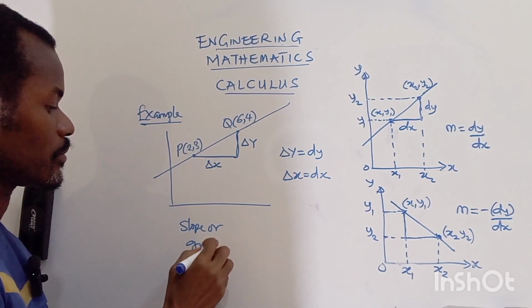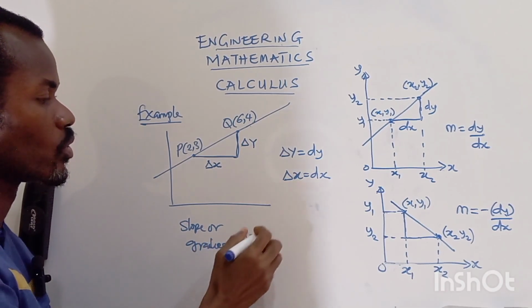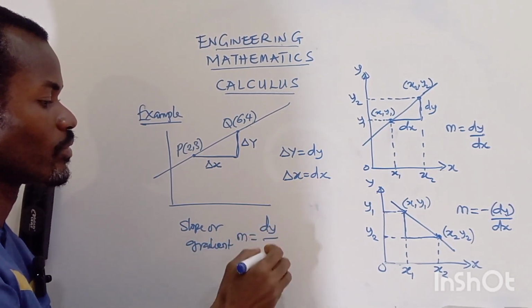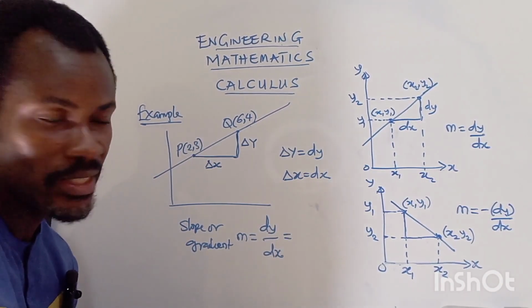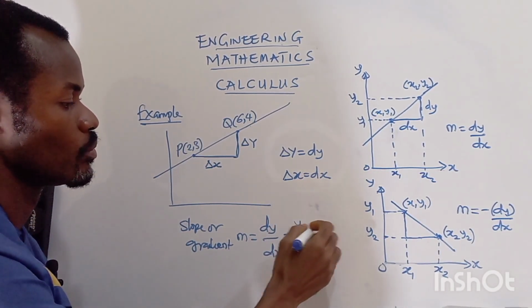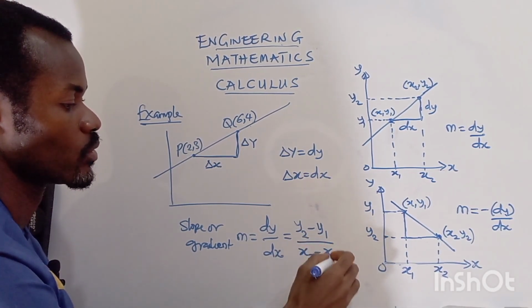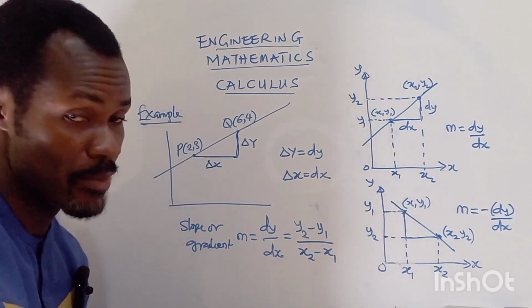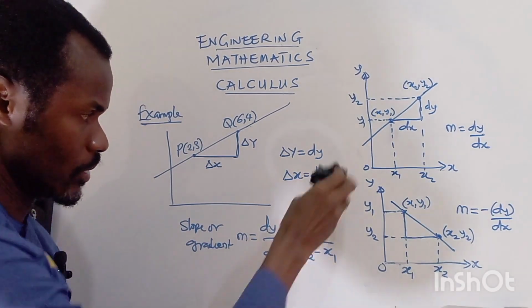So the slope or gradient m is equal to dy over dx. Now what is our dy over dx? It simply means we have y2 minus y1 divided by x2 minus x1. In our previous lesson we were able to introduce this.